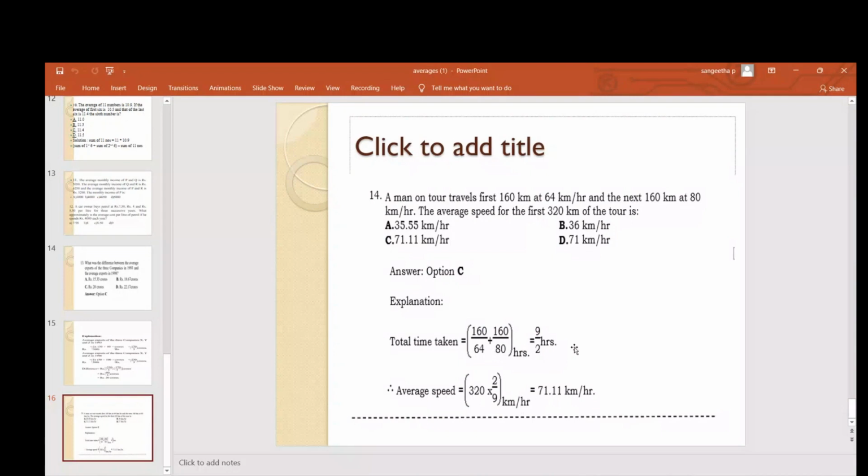Simplifying, I got 9 by 2 hours. So the average speed is 320 divided by 9 by 2, taking the reciprocal, 320 into 2 by 9. Simplifying, I got 71.11 kilometers per hour. So the exact answer is option C, not option D. Please keep it in your mind.